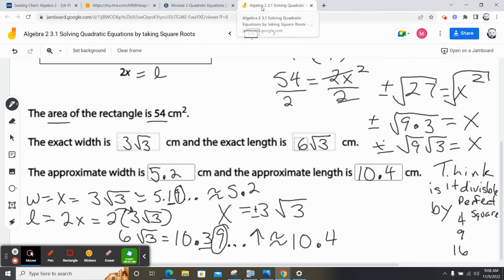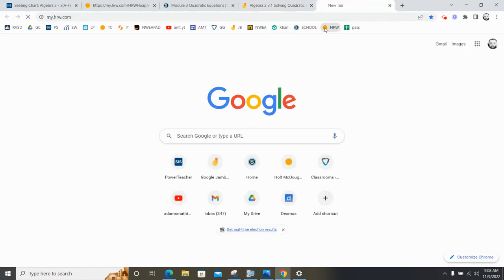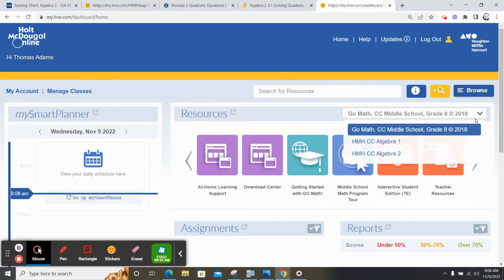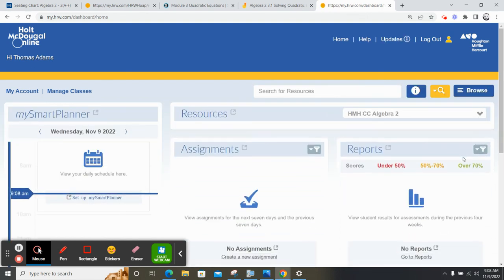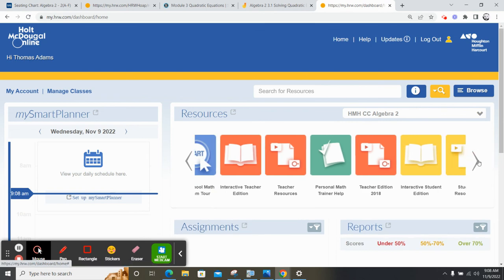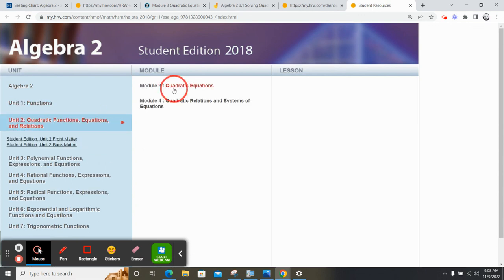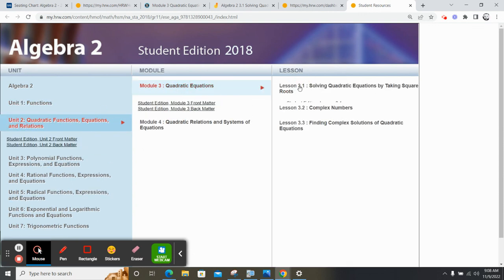But in your textbook, let's pull up your textbook. I think that might be a little more helpful. When you look in your textbook, it is in the context of what you're doing, right? So we're working on quadratics, section 3.1.